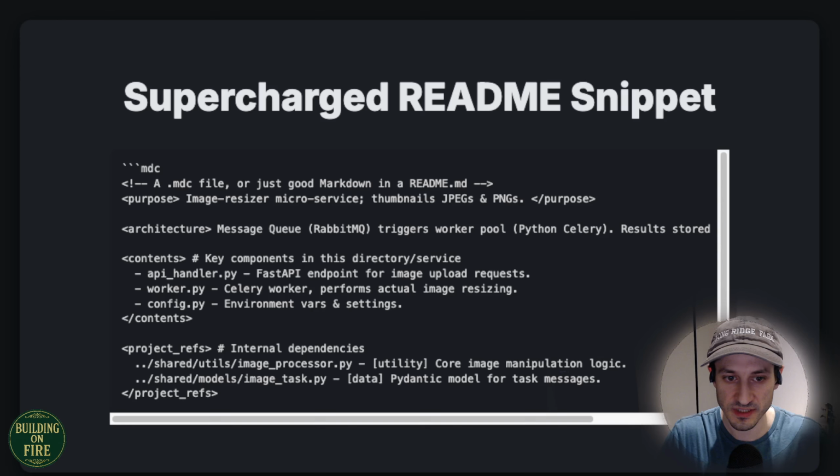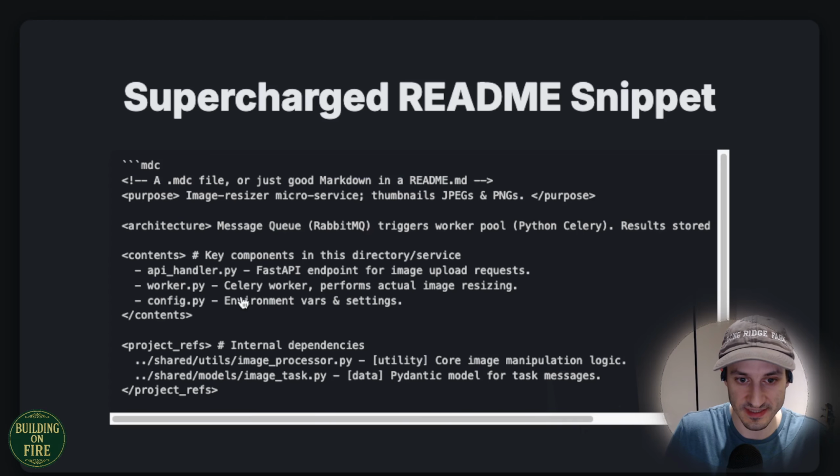It's just clear markdown, maybe some optional XML tags if you want tools to parse it easier. But it's things like: what is the purpose? What is the architecture? What are the contents?